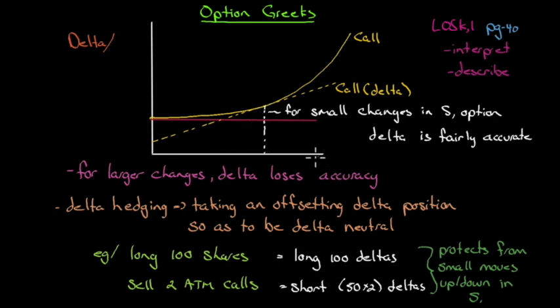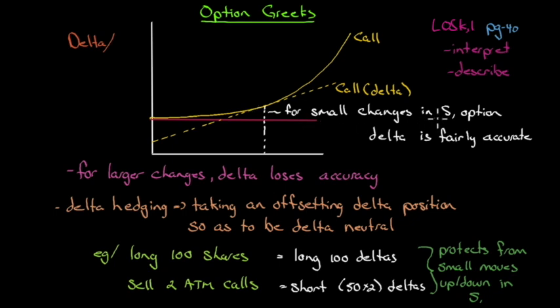However, for large changes up or large changes down, delta doesn't work because delta will give us some linear approximation to what the call will be. But the true call value is non-linear. It will follow a non-linear path. So for small changes, delta will get us very close to what will actually happen in the price of the call, but as you start getting larger and larger changes, it doesn't work out so well.